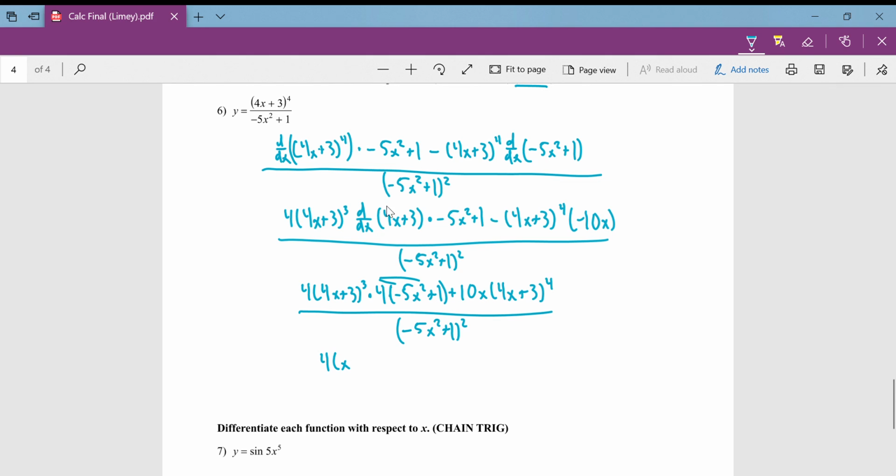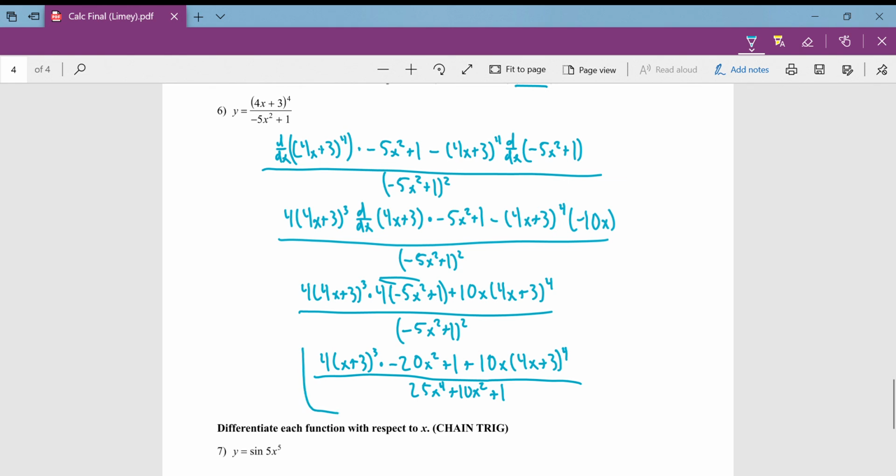And 4x plus 3 cubed times negative 20x squared plus 1 plus 10x times that fourth over 25x to the fourth plus 10x squared plus 1.